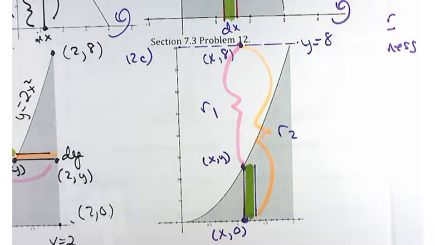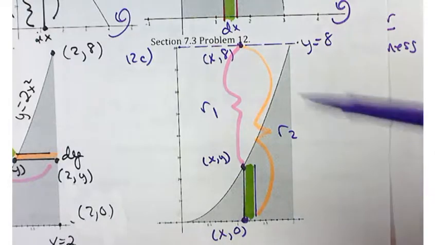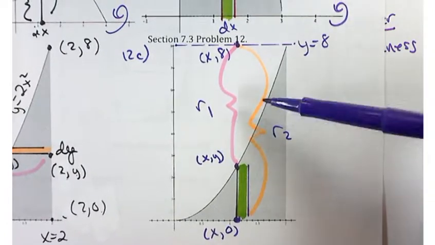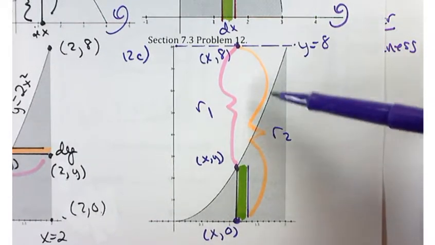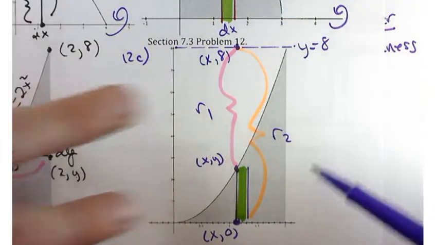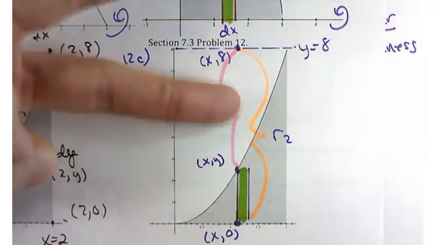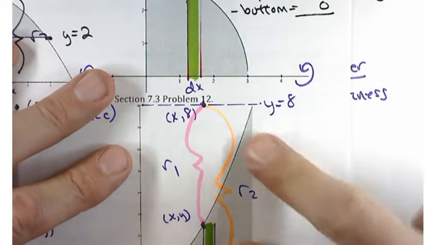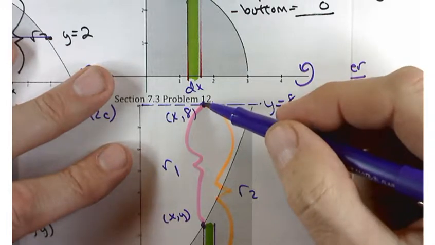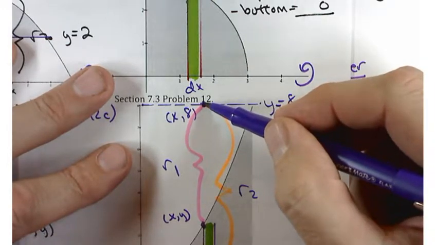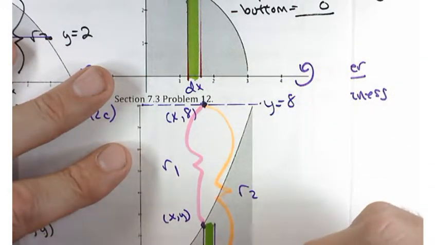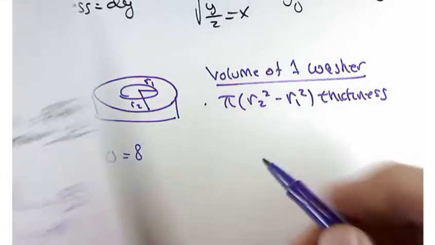I'm just confused with this top minus bottom thing because to me, it looks like that parabola is on top, and that straight line at zero is on the bottom. Well, remember what's going to happen is you're going to rotate this around this axis. And what we need to do is find the distance from the center, which is right here, to the point on the rim. So in this case, it's not really top minus bottom.